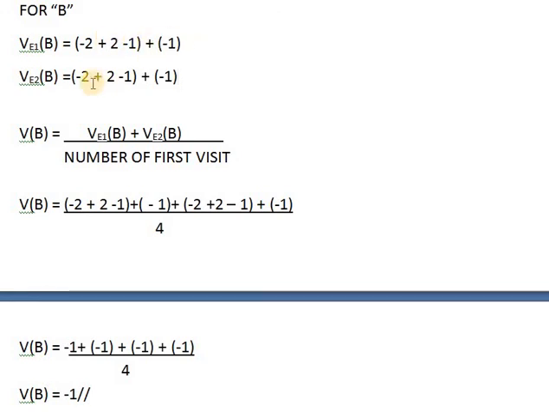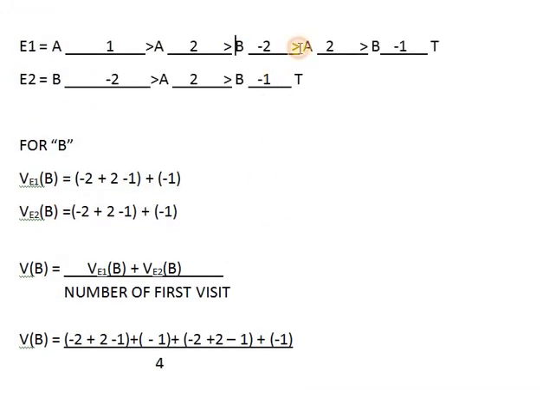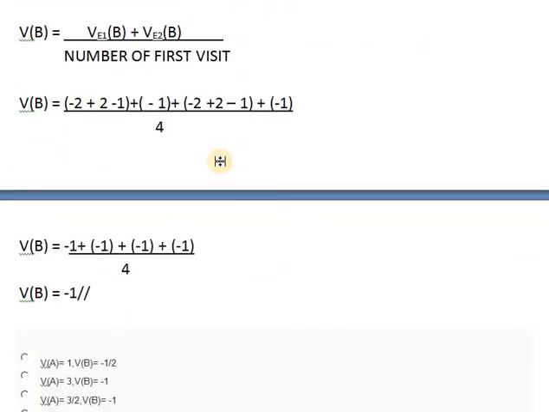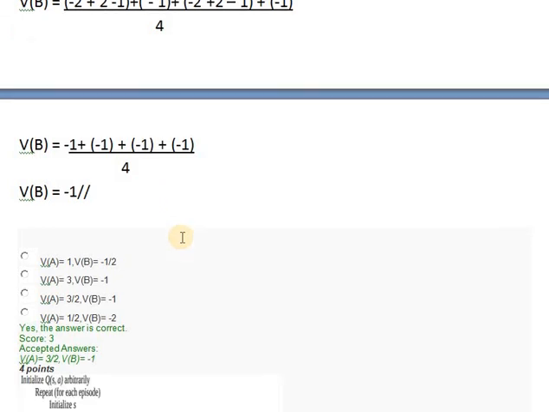Here also we are getting 4 visits: 1, 2, 3, 4 visits of the B. So here you can say first visit, second visit, third visit, and fourth visit. So divided by 4, we will get the value of -4 by 4, which is -1.